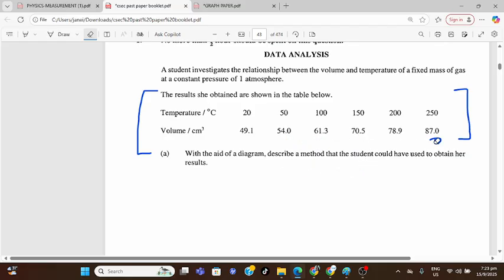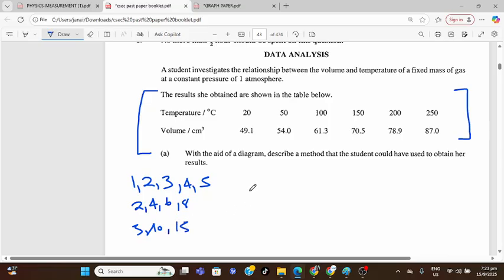When I'm going to pick a scale for my graph, I can use 1, 2, 3, 4, 5, or I can use 2, 4, 6, 8, or I can use 5, 10, 15, or I can use 10, 20.